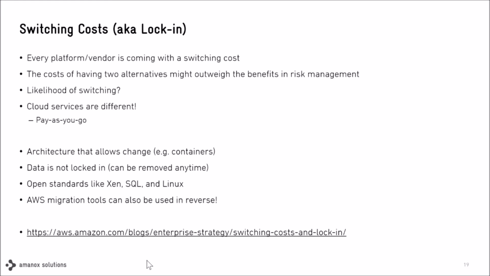So as soon as you commit yourself to a platform or a vendor, you'll have switching costs if you later decide to change. So for example, if you choose Java and then migrate to Node.js, which are two programming languages, you'll have a cost. If you choose Maven and then migrate to Gradle, you'll have a cost.